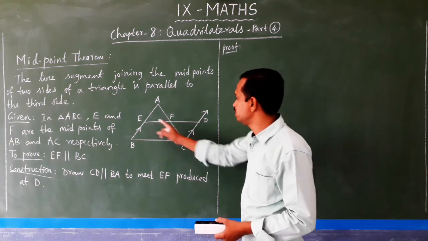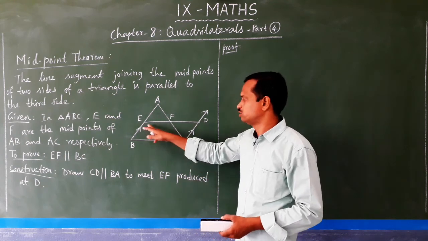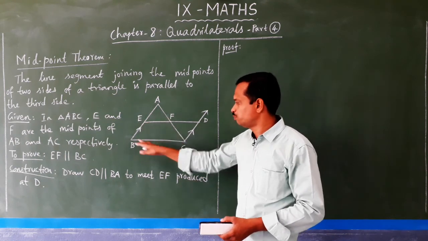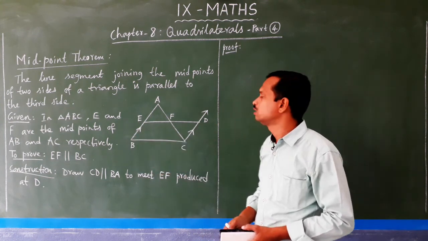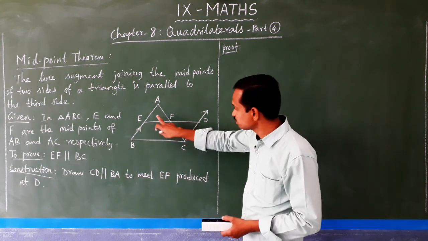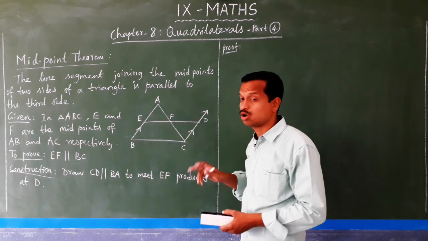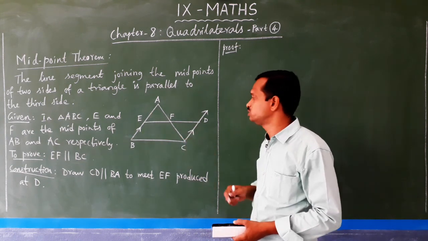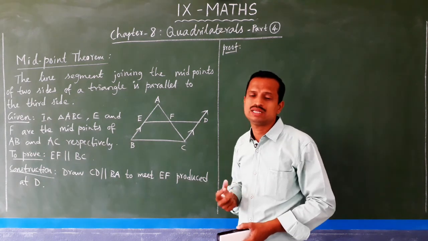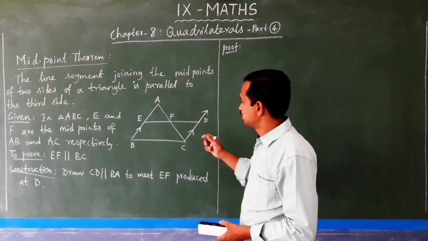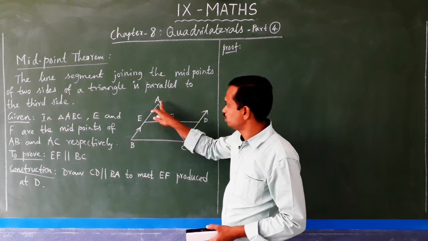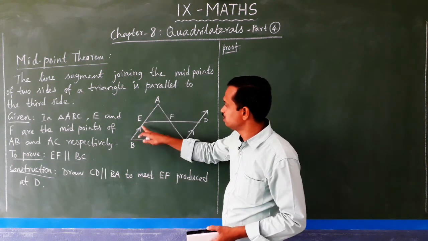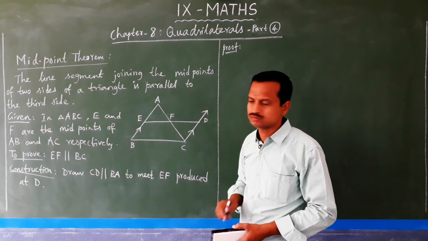Then ED is parallel to BC, and so we can easily say EF is parallel to BC. That is our proof. For that we have to say these two triangles are congruent, then by CPCT we can take the corresponding needed parts. Now E is the midpoint, so AE and BE are both equal.